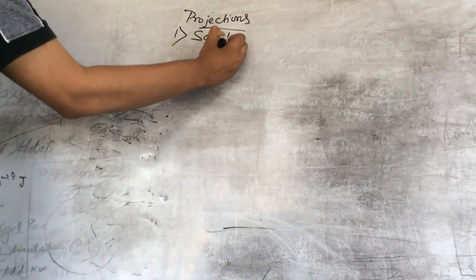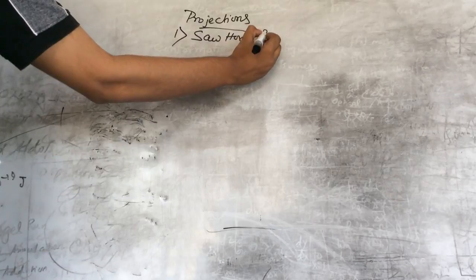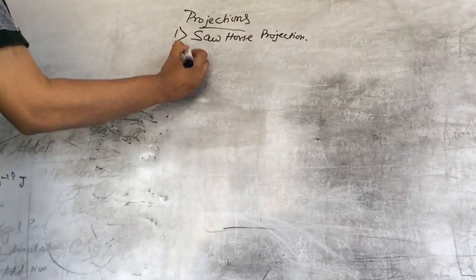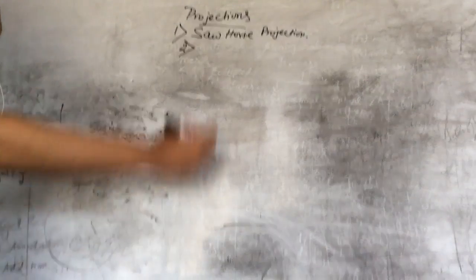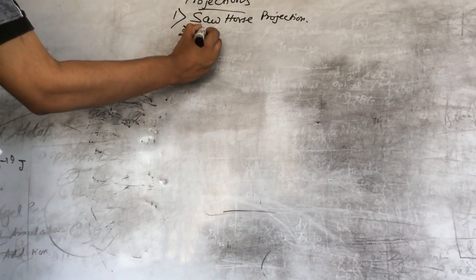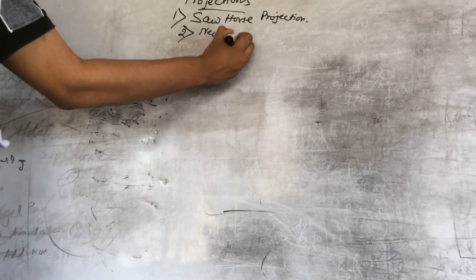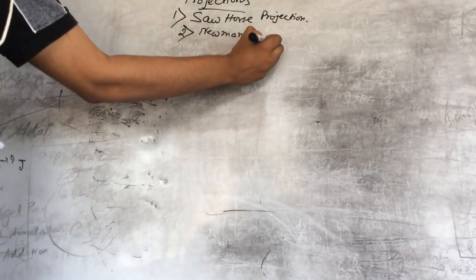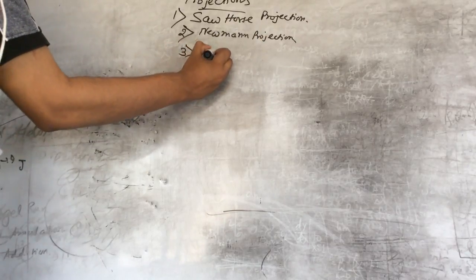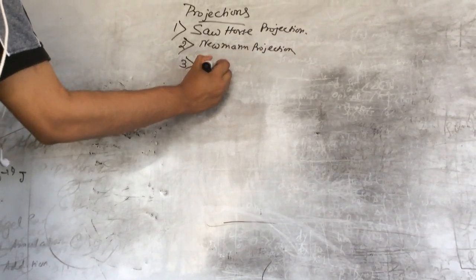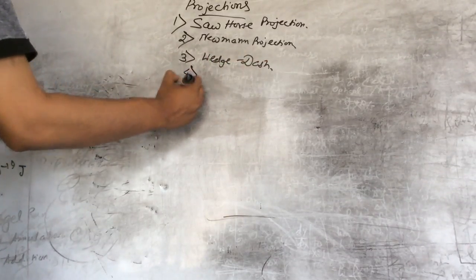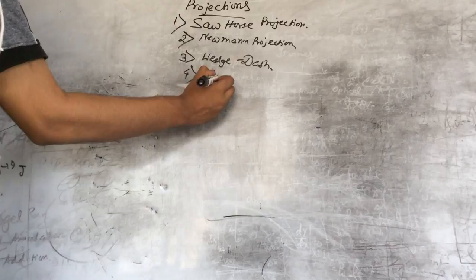You can have sawhorse projection, Newman projection, wedge dash, and Fischer projection.